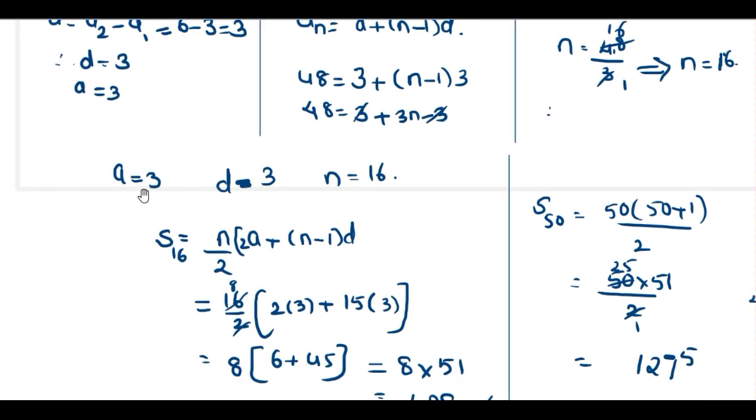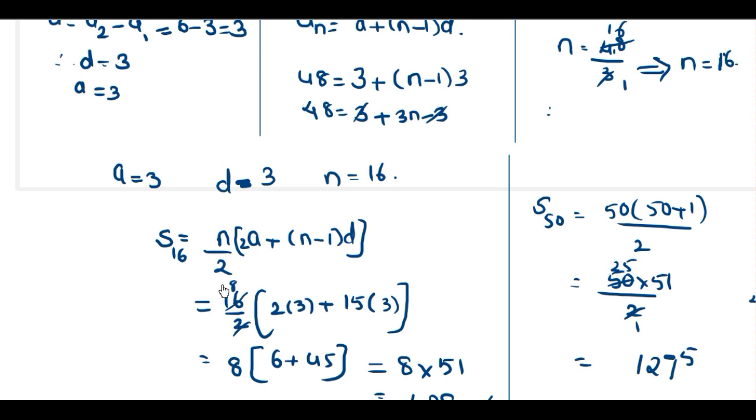Now, moving ahead. We got the first term as 3, common difference 3, and the number of terms divisible by 3 are 16. We are finding the sum of all 16 multiples of 3. The formula for the sum is n by 2 into 2A plus n minus 1 into D. So, n is 16, 16 by 2 into 2 into A, which is 3, plus 16 minus 1, which is 15, into D, which is 3.